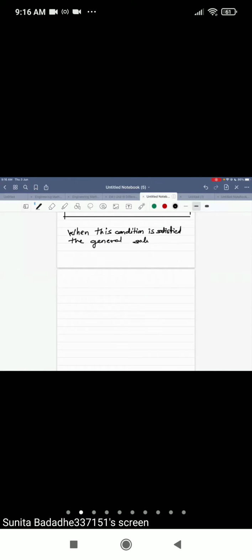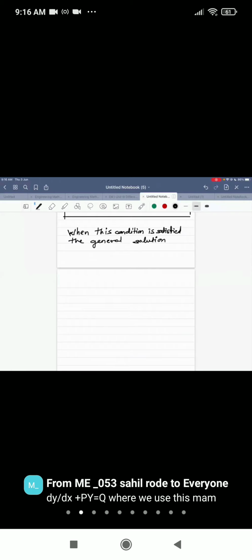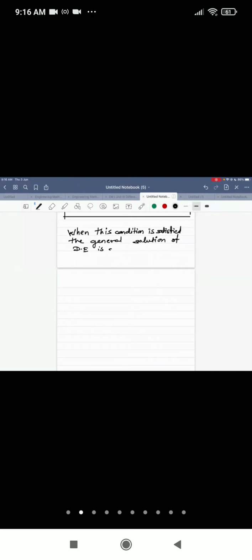I'm going slowly, students. This topic is very, very important. Again and again, I'm telling you for the exam. So write it in your notebook with me. When this condition is satisfied, the general solution of the differential equation is given by one of two rules.